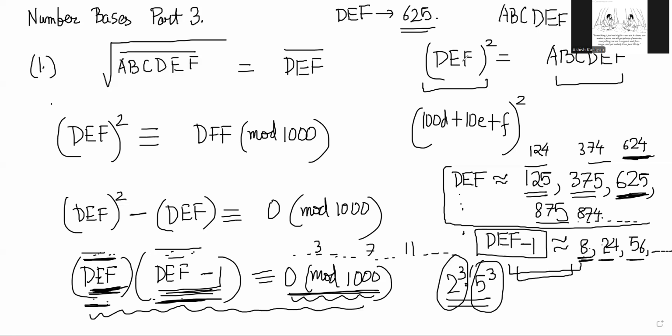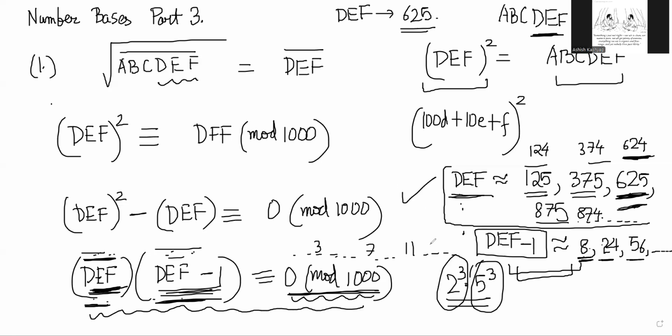Which means it is fitting the conditions because DEF is 625 and the square is also ending with 625. You have to use a calculator and see.